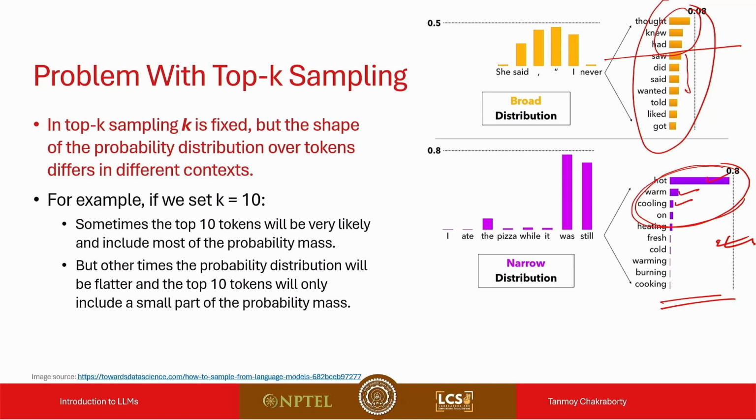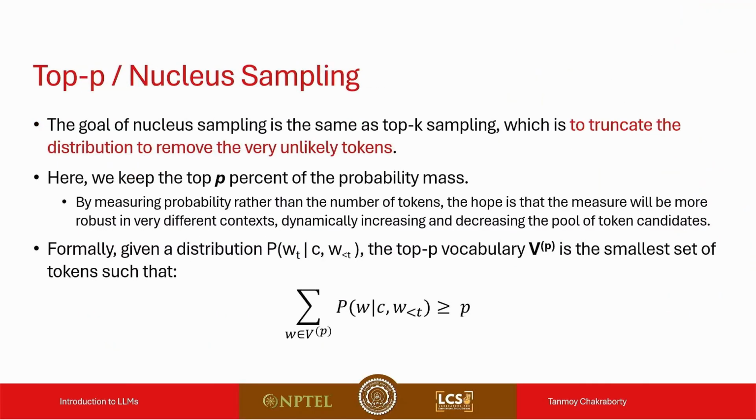Okay, so instead of fixing k, which is the number of tokens that you want to play with, we can choose a certain probability.